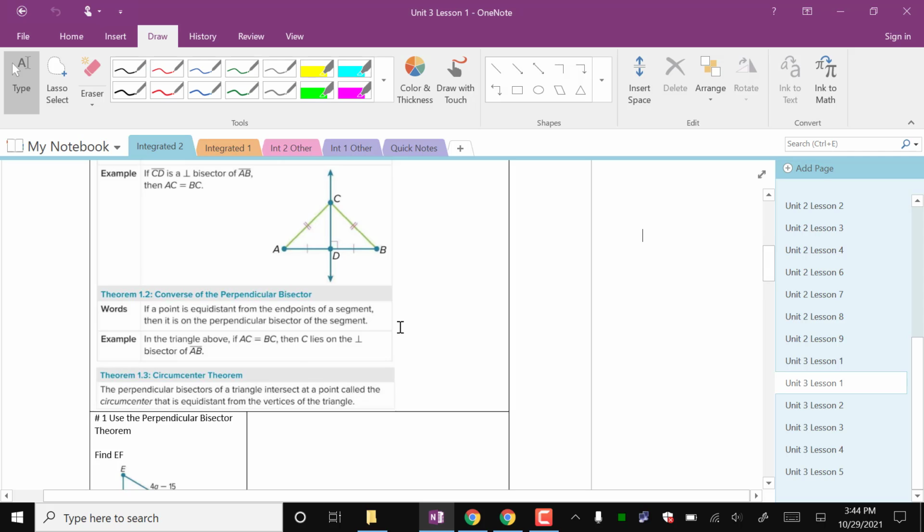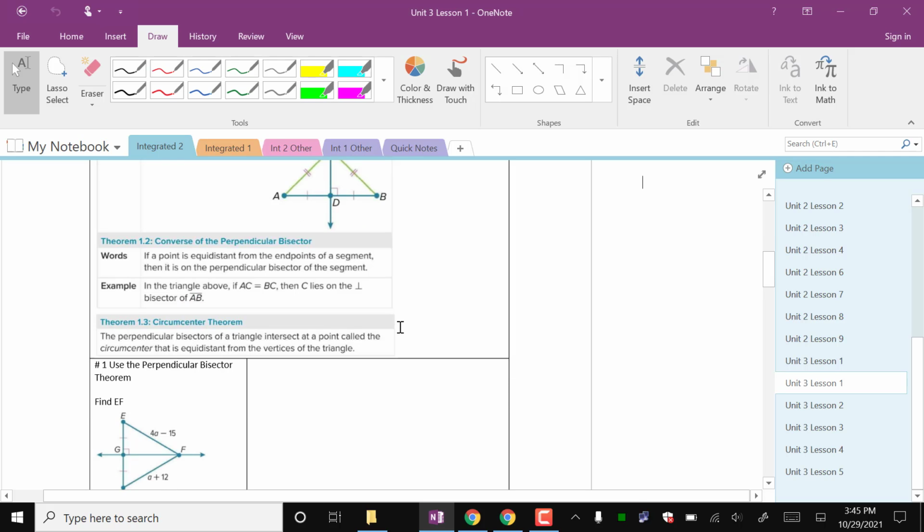And then the circumcenter theorem says that the perpendicular bisectors of a triangle intersect at the point called the circumcenter, that is equal distance from the vertices of the triangle. So we'll come to that in a little bit.